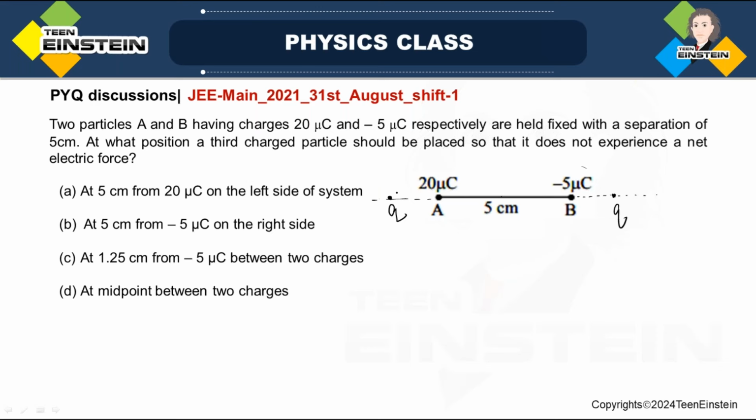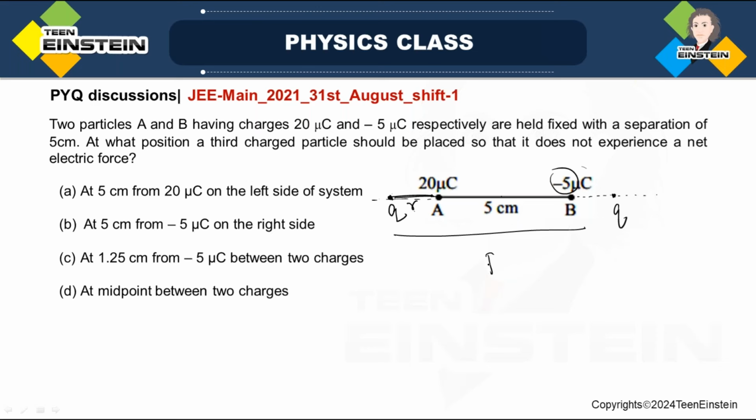So for that, if I just keep it near this, at this particular position, or to the left side of the 20 microcoulomb, then this is actually nearby. Suppose this distance is less than this distance. You look here, the charge is also less and the distance is also very large.